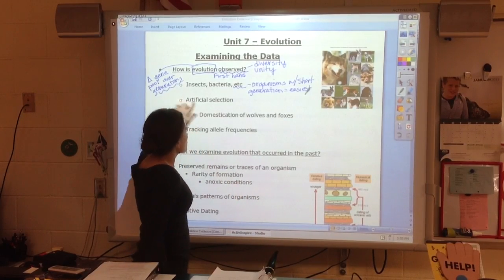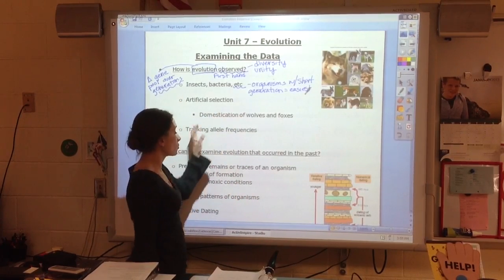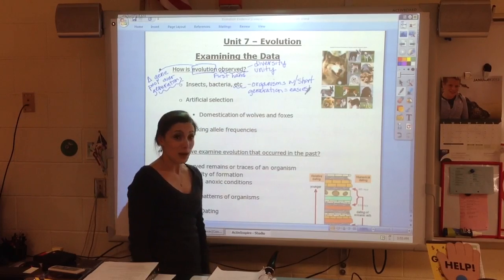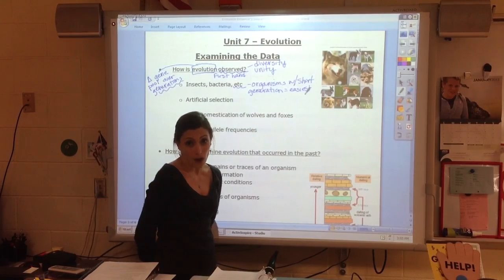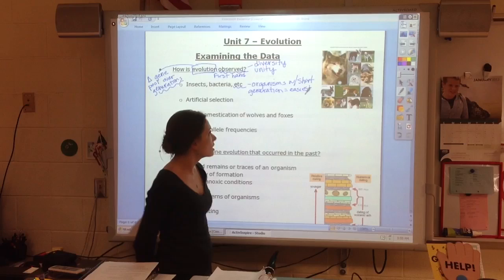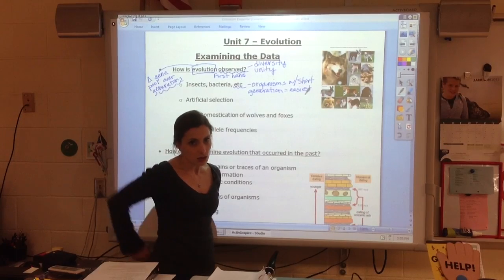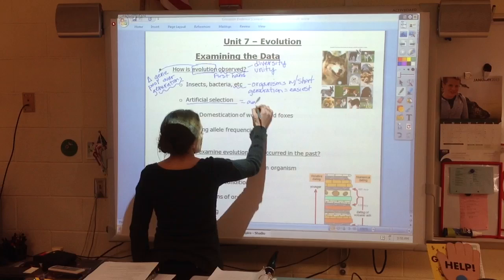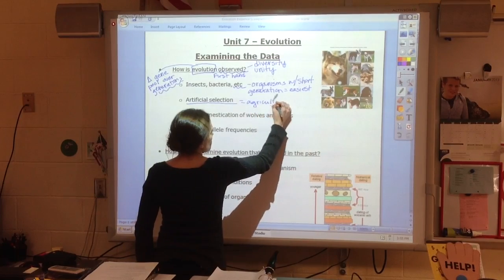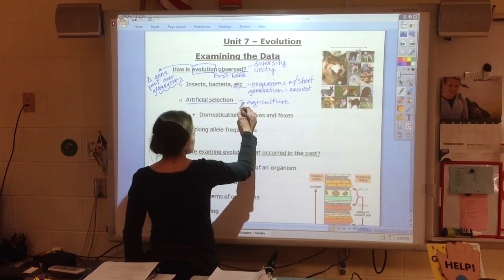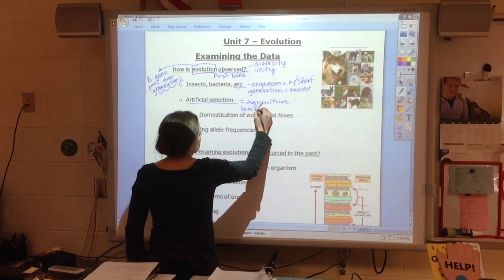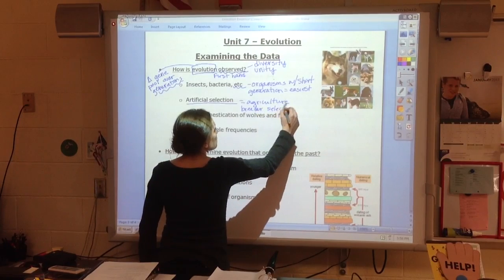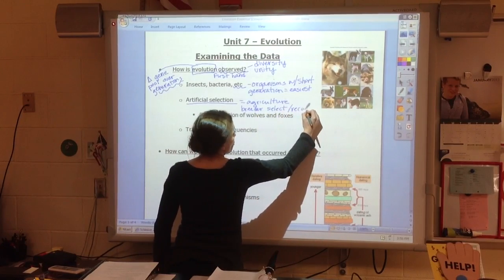We will see this in artificial selection, so your book does a great job of talking about the domestication of wolves and foxes. So if you're a dog person, this is actually a really interesting article. But the idea of artificial selection is usually going to be found in agriculture and farming. And this is where the breeder is going to select and a lot of times record.